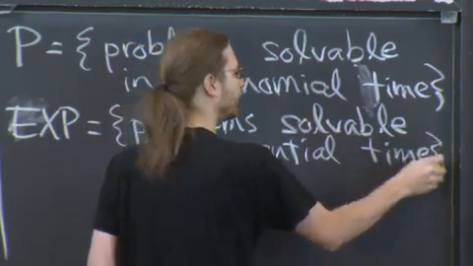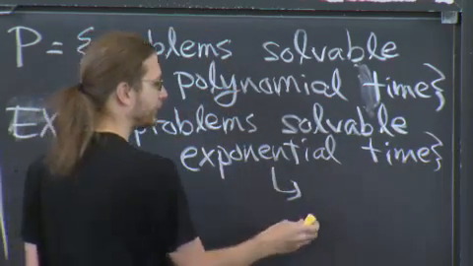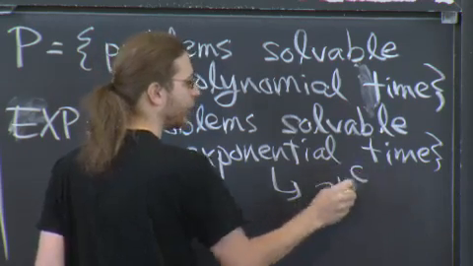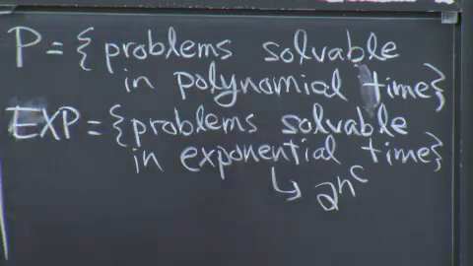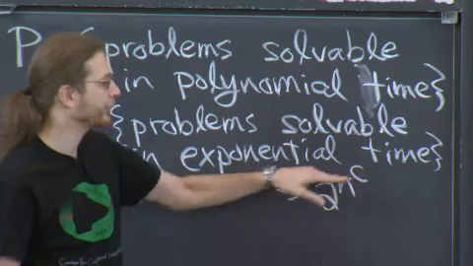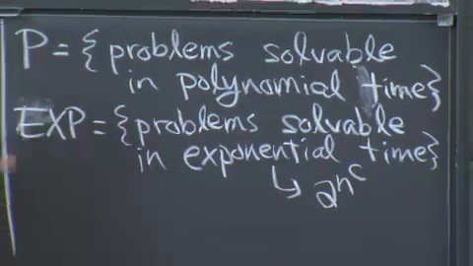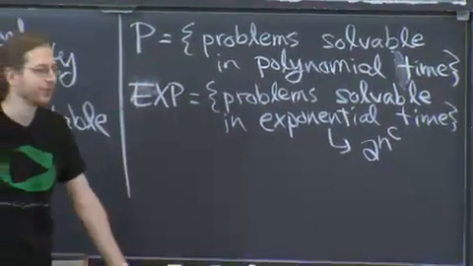If you want to be formal about it, in this case, exponential means 2 to the n to some constant. So not just 2 to the n, but also 2 to the n squared, 2 to the n cubed. Those are all considered. Exponential in a polynomial is considered in the class EXP.